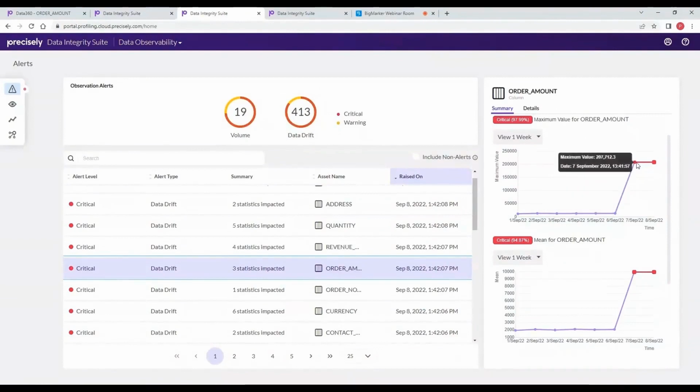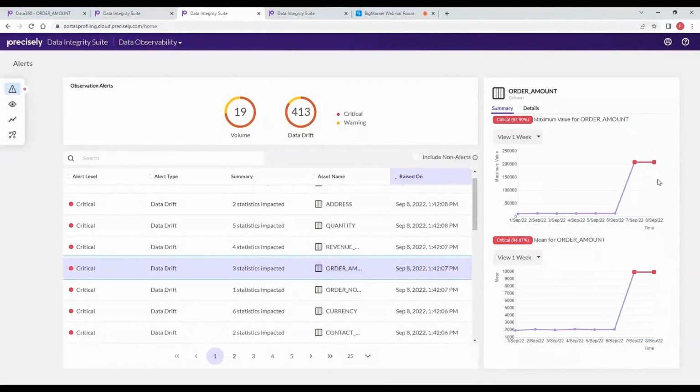When I look at this date, the maximum value is 207,000. That's a massive increase in the maximum value that can come on an order amount. While that definitely sounds like a data anomaly because that's just not normal, we're not only capturing anomalies which are this significant.